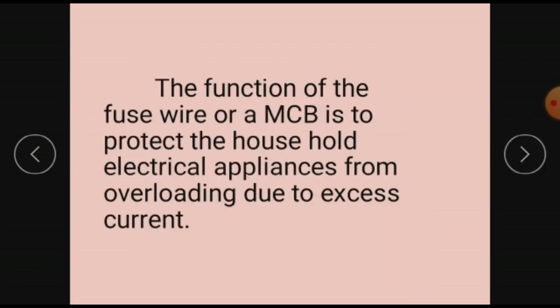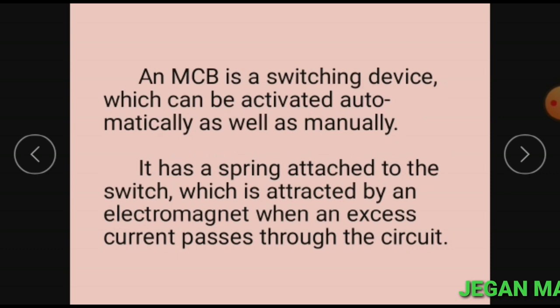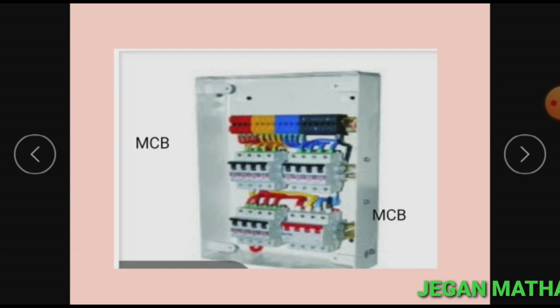The function of fuse wire or MCB is to protect the household electrical appliances from overloading due to excess current. An MCB is a switching device which can be activated automatically as well as manually.